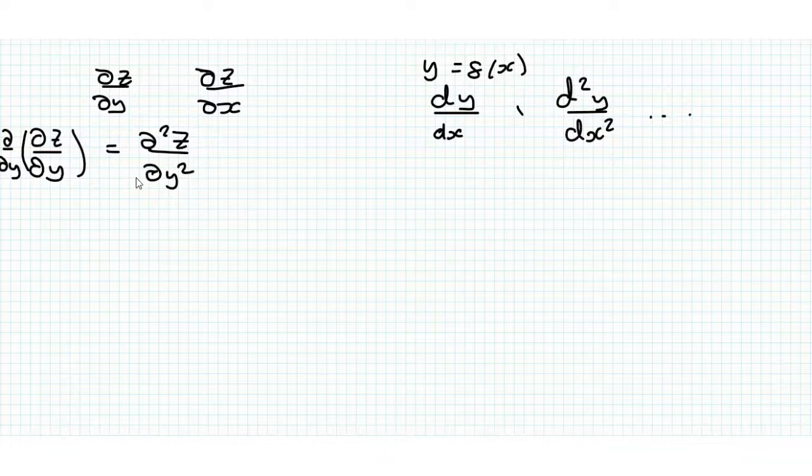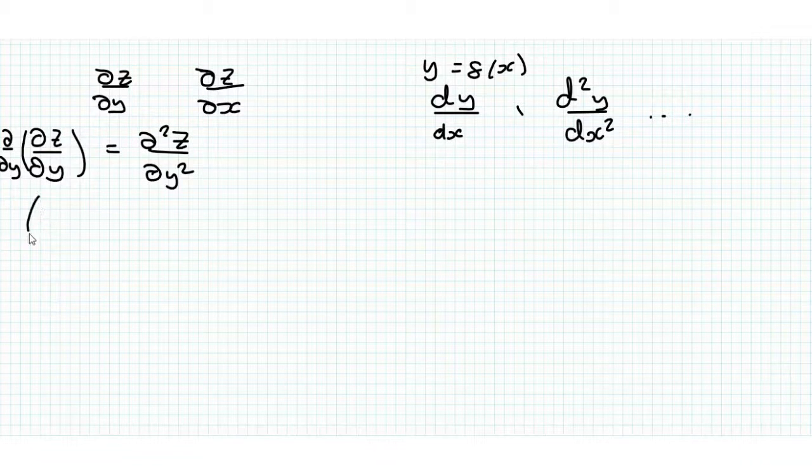Okay, so that's one of our second derivatives, and we're going to run through this systematically. So we're going to take these partial derivatives, and first we're going to look at partial dz by dy, and partially differentiate it by x and y.